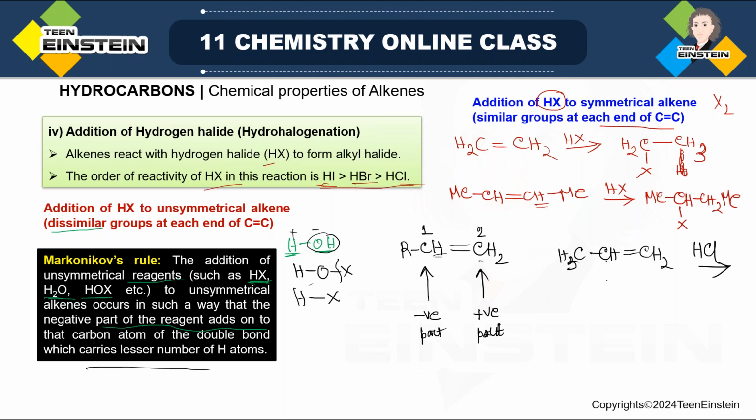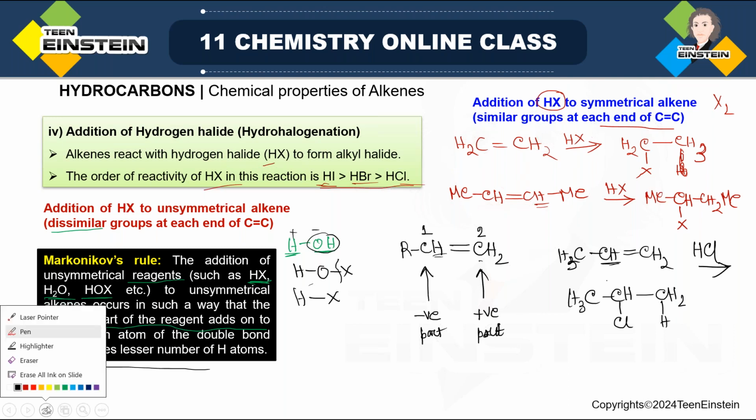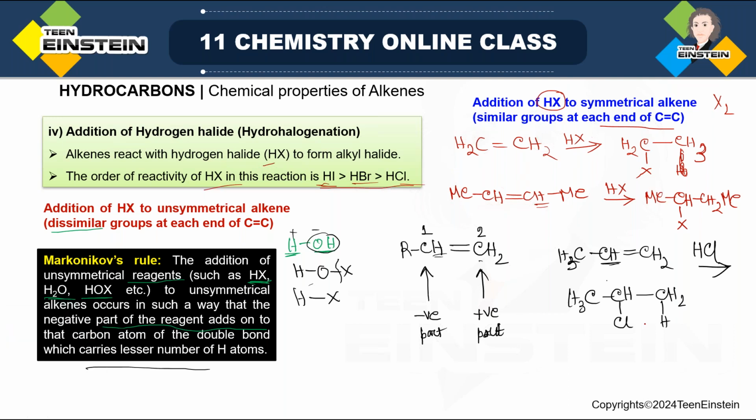The carbon which is carrying only one hydrogen atom, the negative part will be attached to this carbon. So Cl is attached here, and the positive part is hydrogen. So hydrogen is attached to the carbon which is carrying a higher number of hydrogen. So this is the negative part and this is the positive part. So here we have only one hydrogen, here we have two hydrogen.